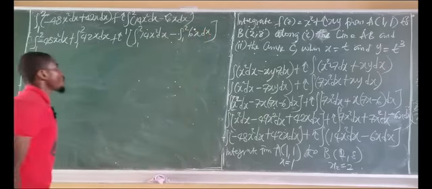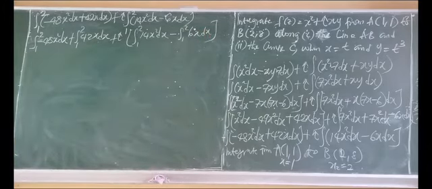Okay, so of course you all know the rule of integration. You bring out all the constants outside and integrate only the variables. So by so doing, we'll bring out minus 48.